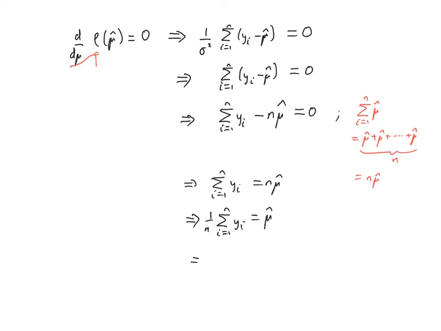So our maximum likelihood estimate is mu hat equals the sum of the data points that we've observed divided by n, and that's written sometimes as y bar, and is said to be the sample mean.